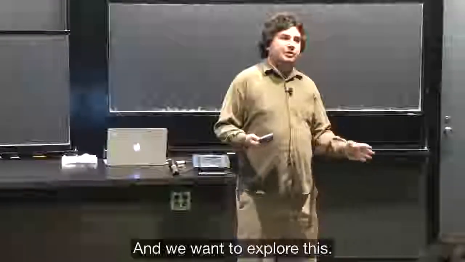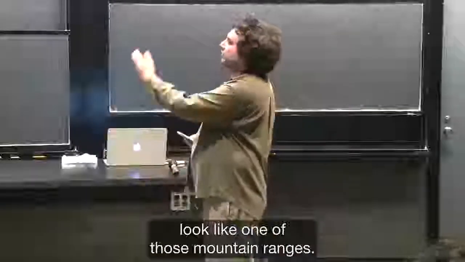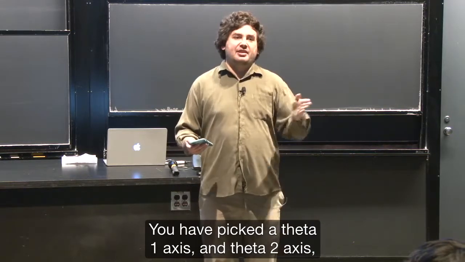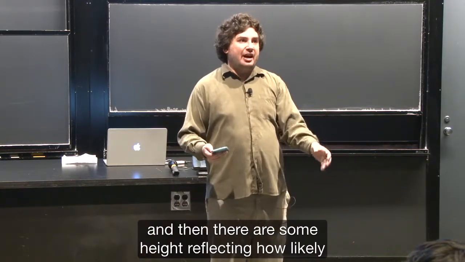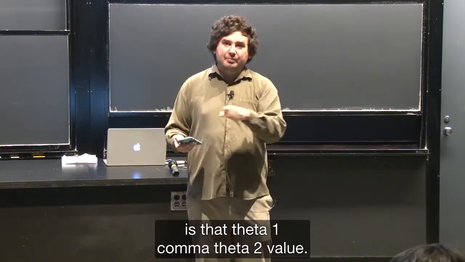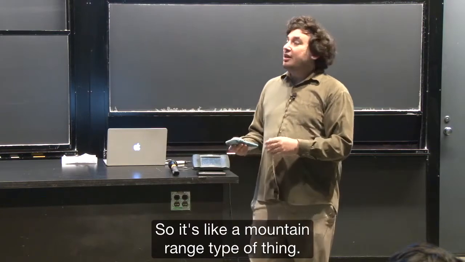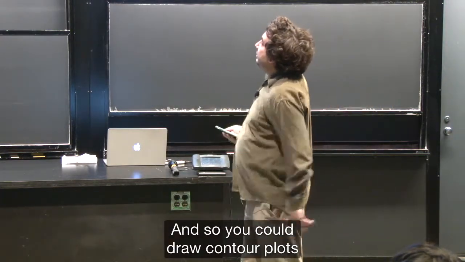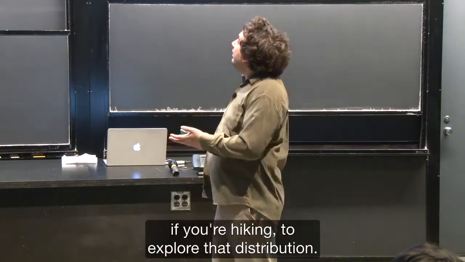The posterior distribution would look like one of those mountain ranges, right? You have a theta 1 axis and a theta 2 axis, and then there's some height reflecting how likely is that theta 1, theta 2 value. So it's like a mountain range type of thing, and you want to explore that. You can draw contour plots as you would see with a map if you're hiking.